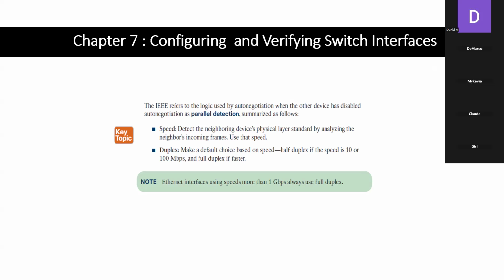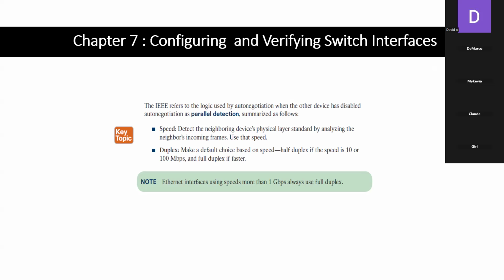We finally get to using the OSI model after hours and hours, and we find out that he has statically set his speed and duplex, so he's not using auto negotiation. I'm using it, but his setting is 100 megabits per second, and he has full set. Auto negotiation is going to adjust from what is communicated, even though the other side doesn't use auto negotiation.